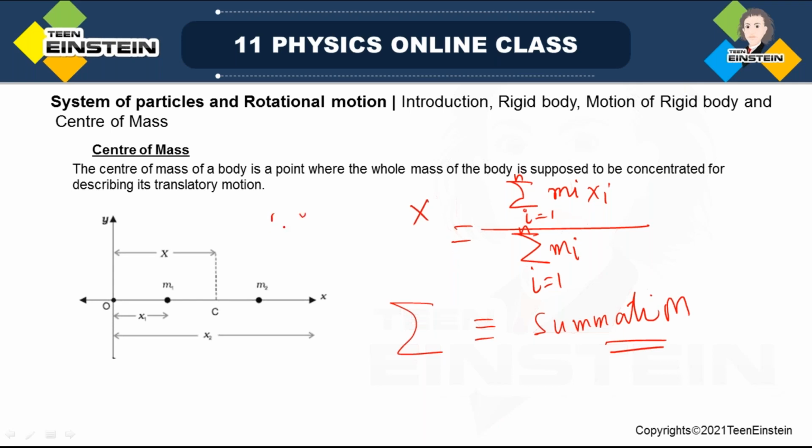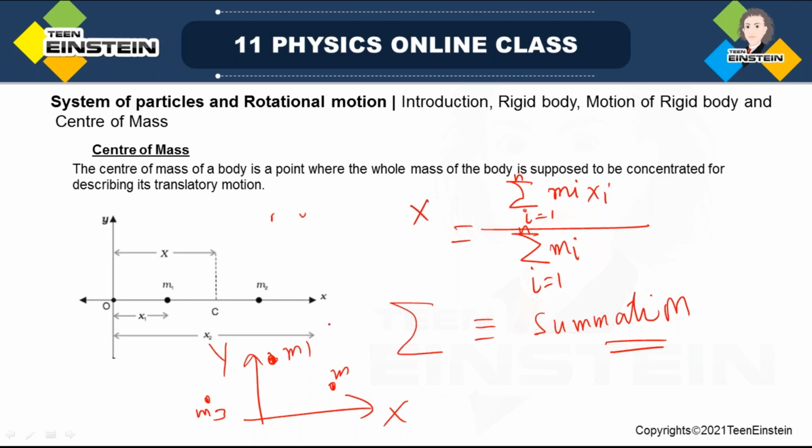So today we'll be stopping here. We had taken only two objects. We'll see next day if we have multiple objects, more than two objects, and they are not in the same line but in some plane, suppose the xy plane. This is the m1 particle, this is m2, and another particle here, maybe m3.